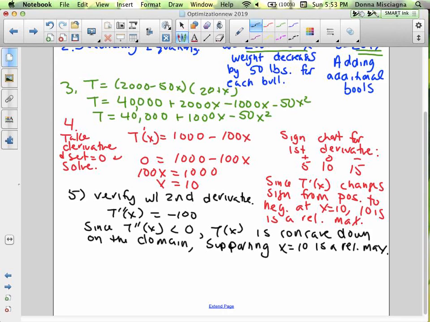So we have verified that x equals 10 is a relative maximum.